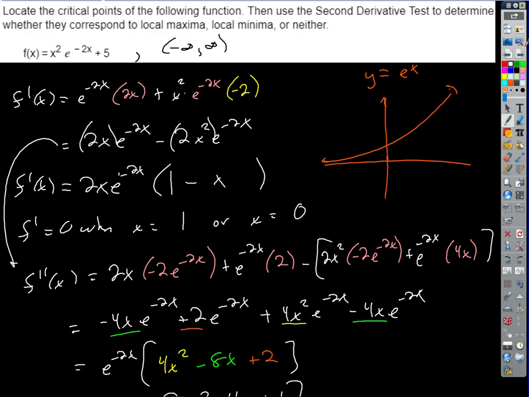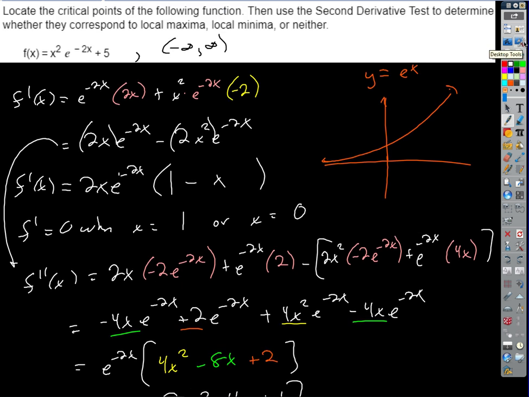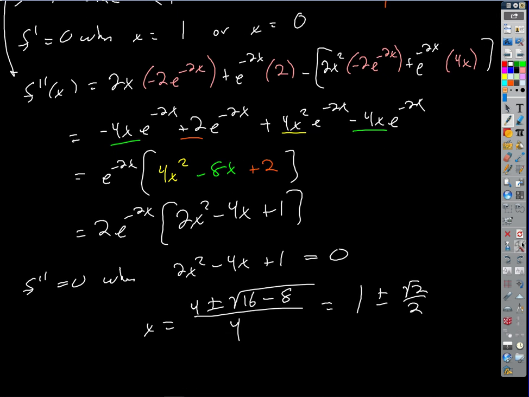We're trying to find where the function. Oh, we didn't even need that though. I was doing more than I needed to, right? You get that? That was kind of dumb, right? Because we're only looking for extrema, local maxima, local minima, right? I didn't have to do any of that.